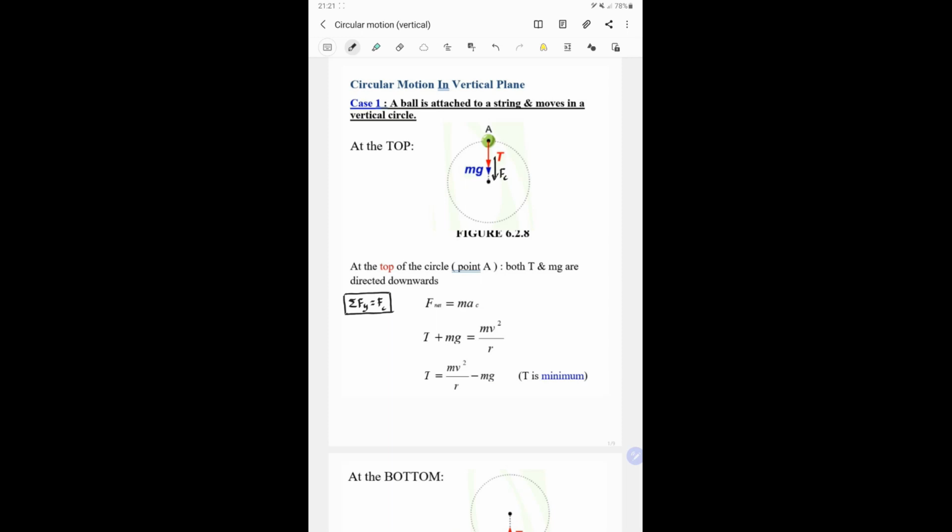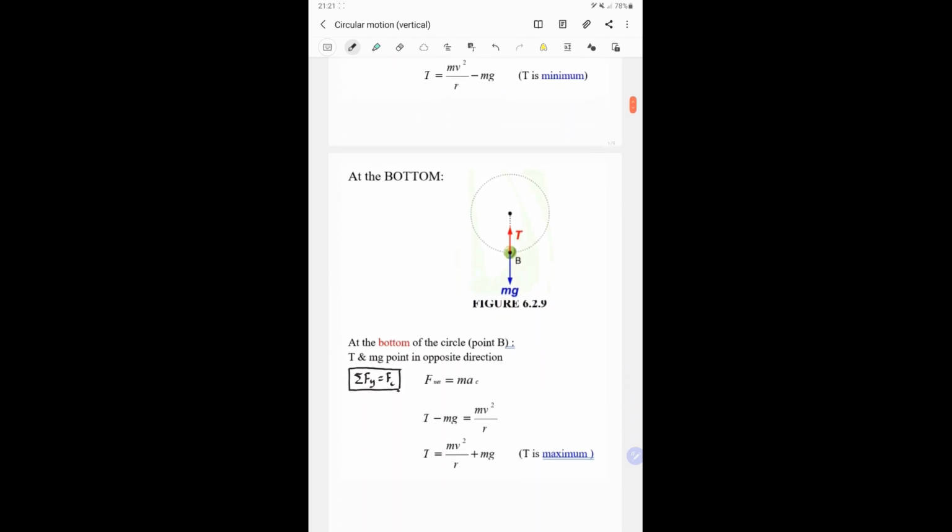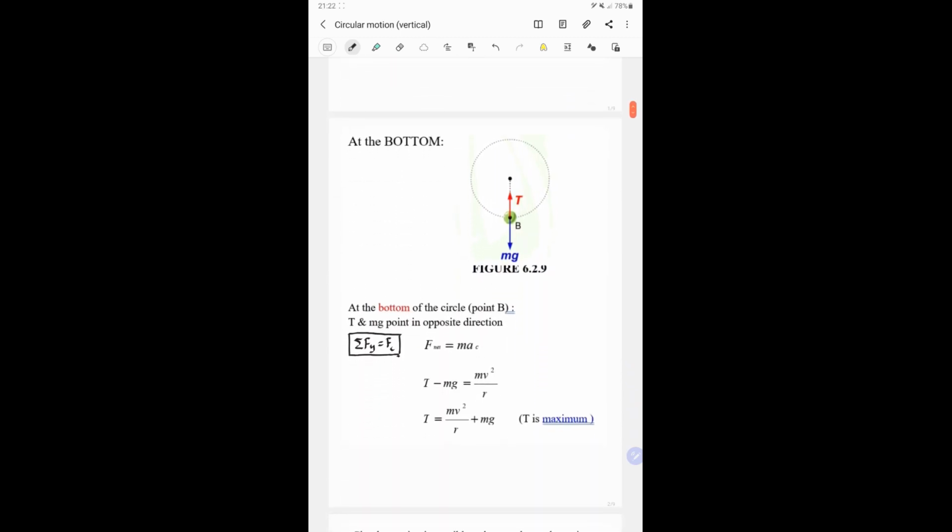Okay, what happens at the bottom? Alright, let's take a look at this. When the object rotates and reaches the bottom position here, the forces exerted on it are still two: tension, still directed outward or out of body, which is directed upward through the string, and at the same time, the weight or mg, still directed downwards. But remember, Fc is always towards the center.